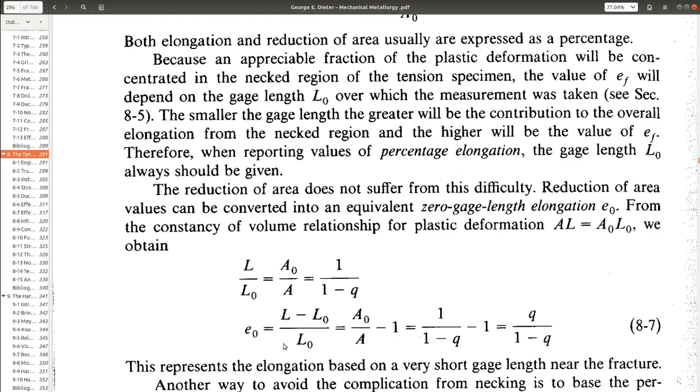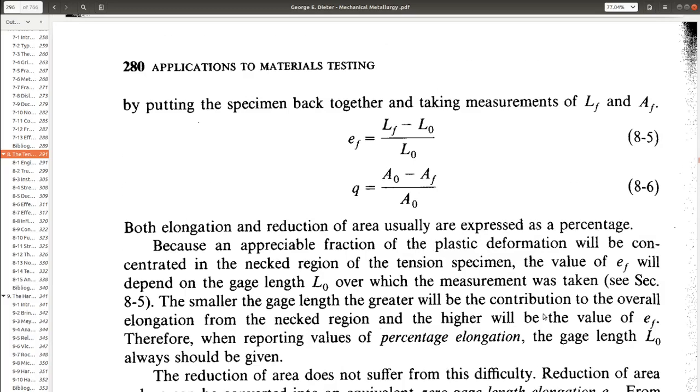So L by L naught becomes A naught by A. So A naught by A minus 1 is equal to 1 by (1 minus Q), which comes from here, minus 1, which is equal to Q by (1 minus Q). Okay, so that's a relation between the engineering strain and reduction in cross-section area.